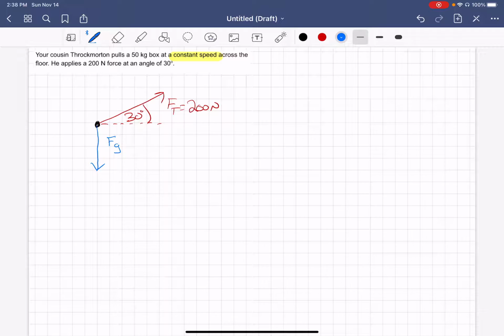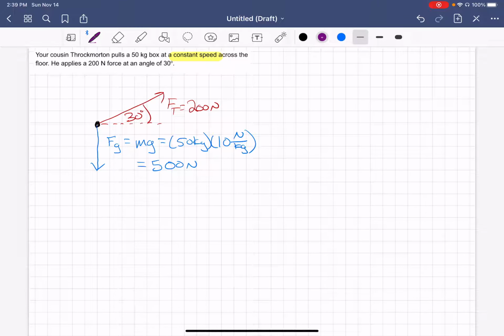Right away I can put a number to it, because the force of gravity is m times g. We're given that mass is 50 kilograms, and near Earth's surface g is 10 newtons per kilogram, so that force of gravity must be 500 newtons.